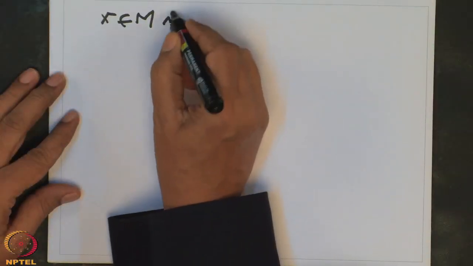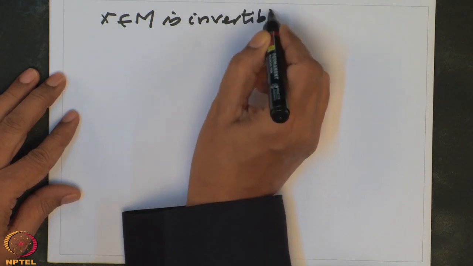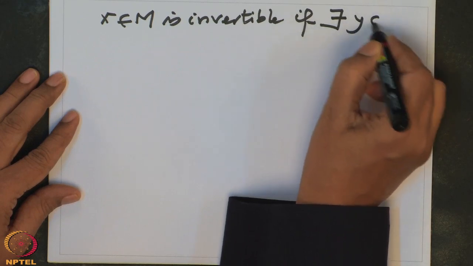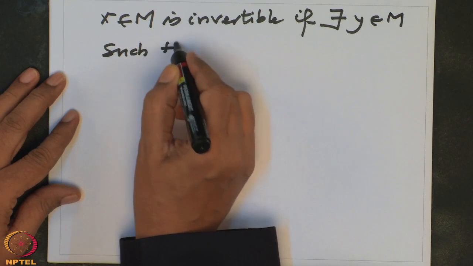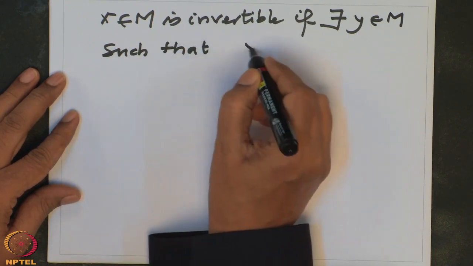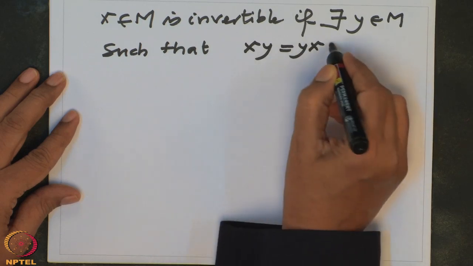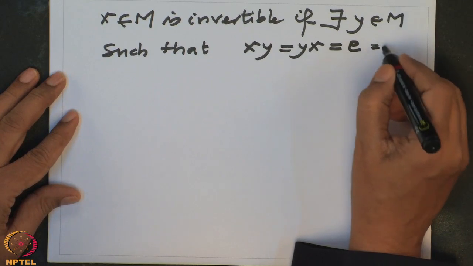Invertible means an element x in M is invertible if there exists an element y in M such that x times y equals y times x equals the neutral element e. So this e is the neutral element in M.